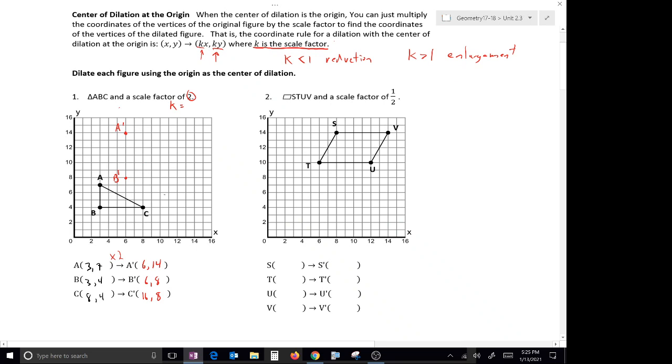And C prime is at 16, 8. And when I connect those, we get our enlarged triangle.